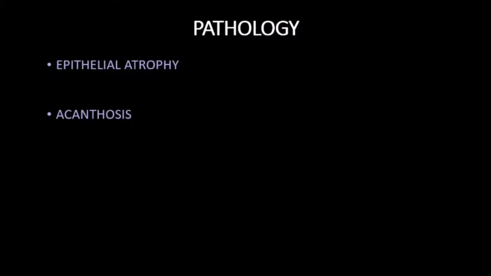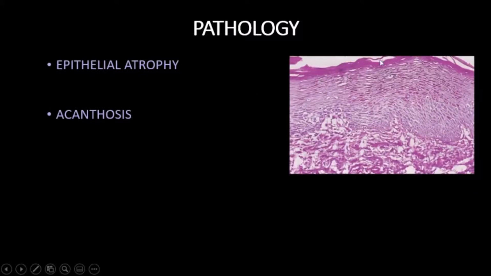Now, just a few points about the pathological changes of lupus oral lesions. Firstly, there will be epithelial atrophy, which means that the epithelium will reduce in size in these areas. There will be acanthosis, which means there will be thickening, or overgrowth, of the prickle layer of the epithelial cells. Now, these lupus oral lesions result in a positive PAS staining.